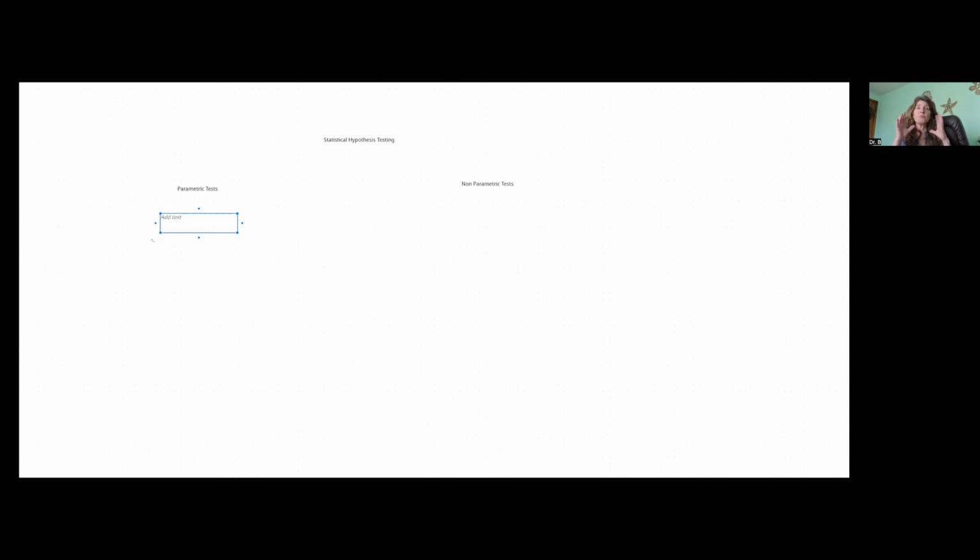You make a prediction about the relationship among two or more variables, maybe two or more means, and that gives you your start to your parametric test. From that, what you're going to do is you are going to design a research approach to collect the data.